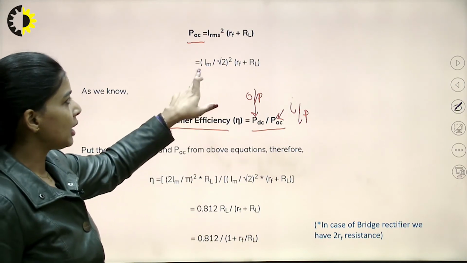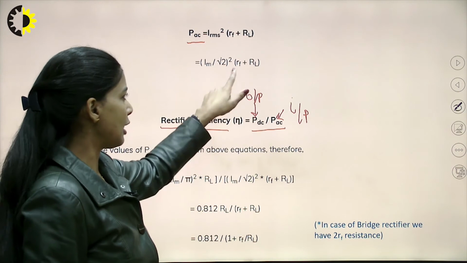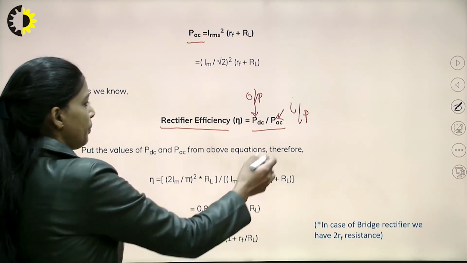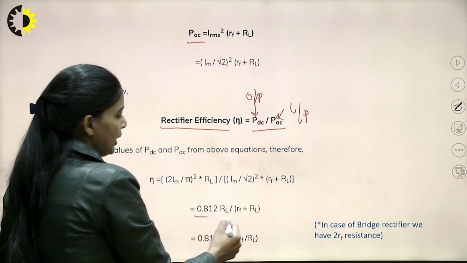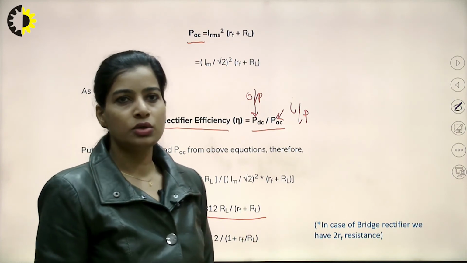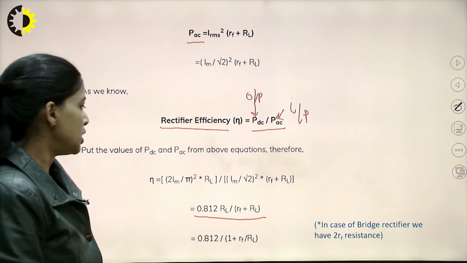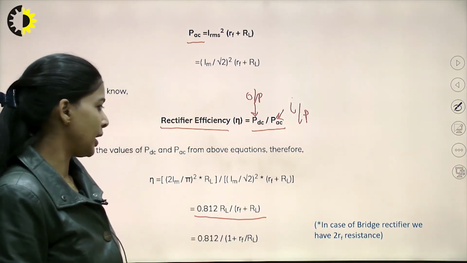PAC we have calculated as Im by root 2 whole square multiplied by RF plus RL. Similarly, we have calculated PAC and PDC. So, putting all these values, we get efficiency as 0.812 RL upon RF plus RL. So this is for the full wave center tap rectifier.